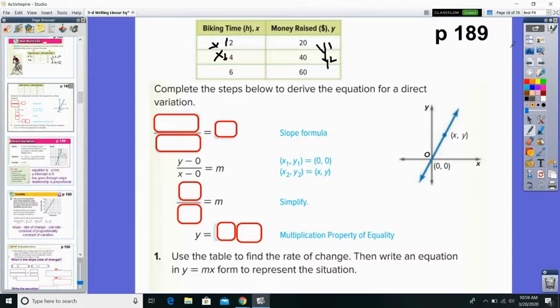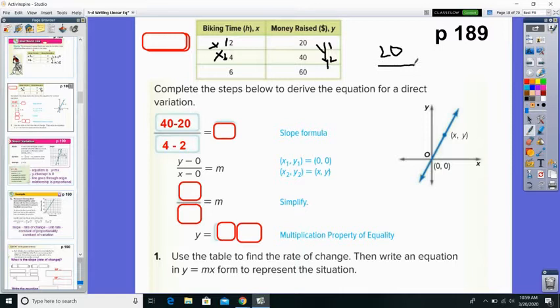So I would have 40 minus 20 over 4 minus 2. It's still going to give you the same thing as if I did the jumps, 20 over 2. If you do your jumps properly up here, you will have $20 over 2 hours. That's the jumps. When I simplify that, I get that answer of 10.